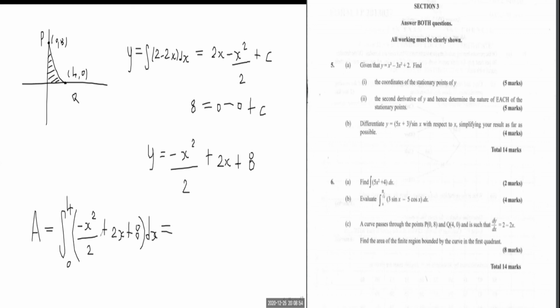Now we integrate: it becomes minus x cubed over, add 1 to the power, divide by the power, we're dividing by 3, and 3 times 2 is 6, plus, add 1 to the power becomes 2x squared over 2, and add 1 to the power becomes plus 8x, integrating from 0 to 4.